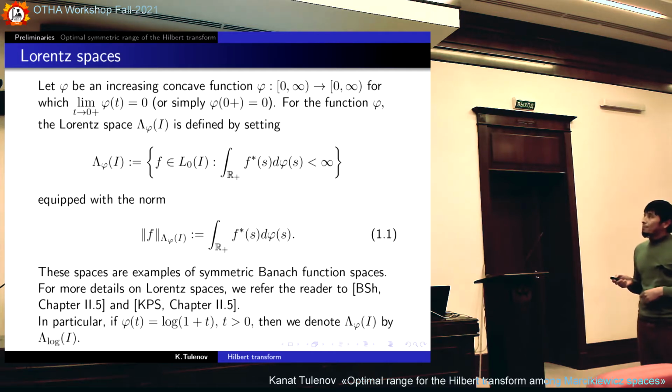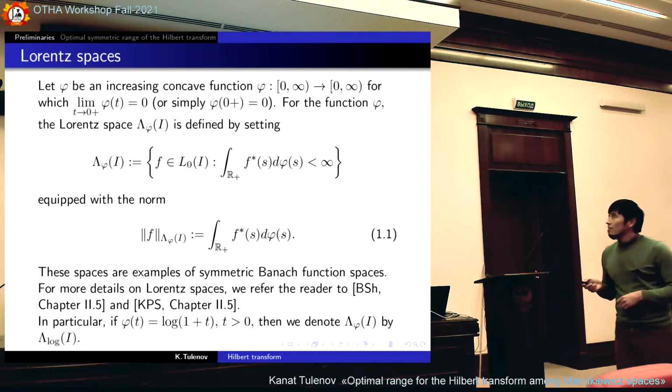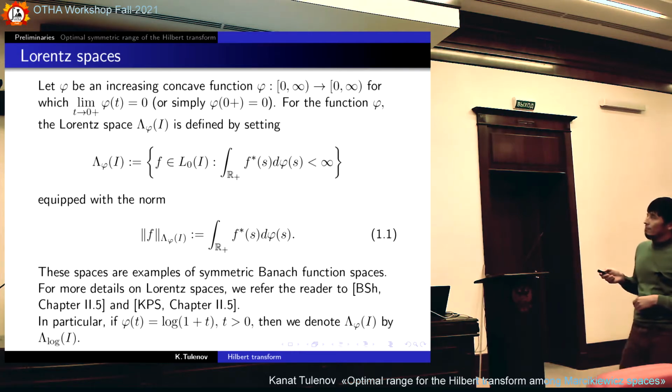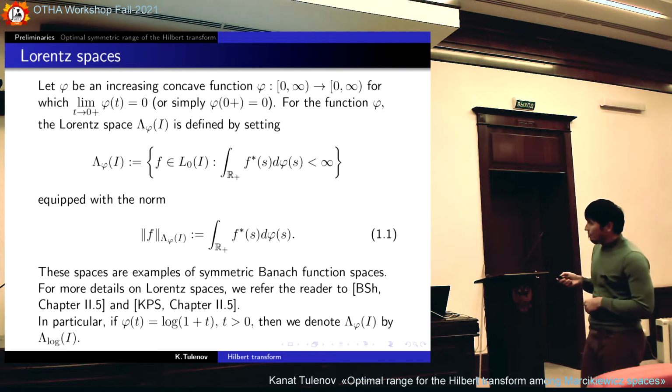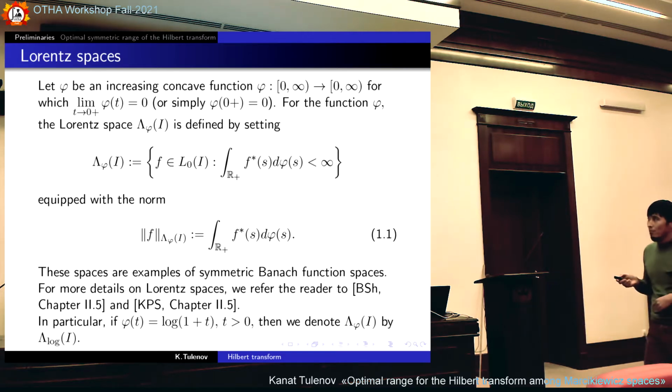Also, let φ be an increasing concave function which satisfies φ(0) = 0. Then the Lorentz space is defined by this setting. This is also an example of a symmetric Banach function space.